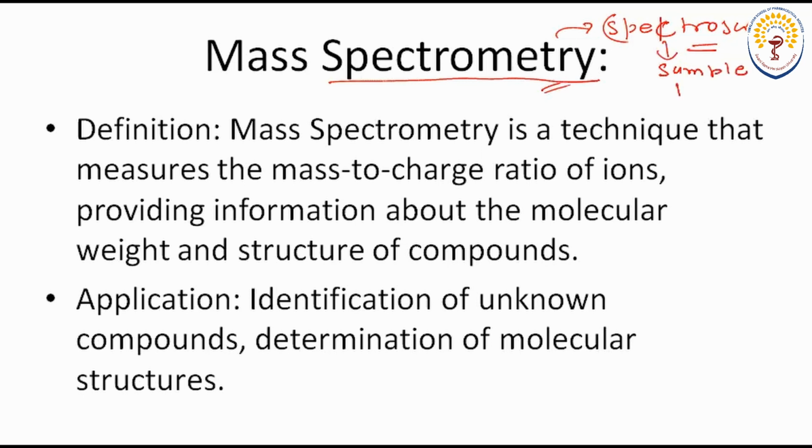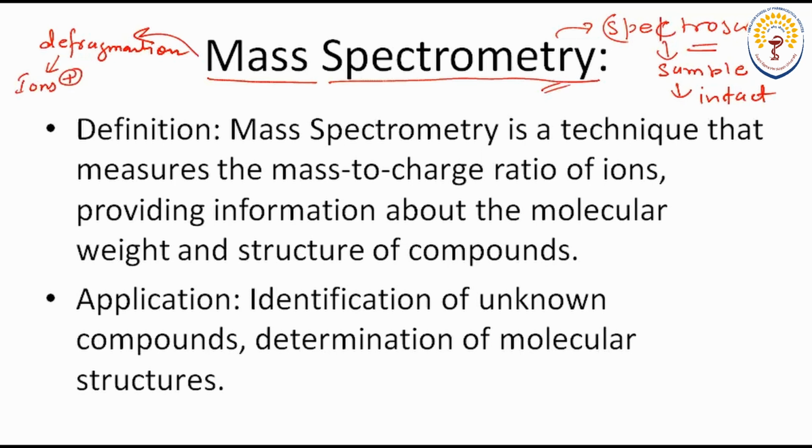There is no destruction to the sample. Whereas in mass spectrometry the sample which we are using is destroyed, or you can say that it is fragmented into ions. So by fragmentation we get ions.